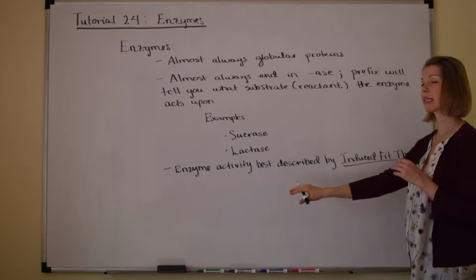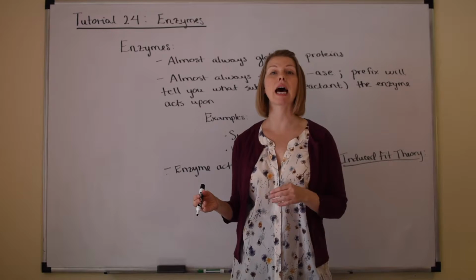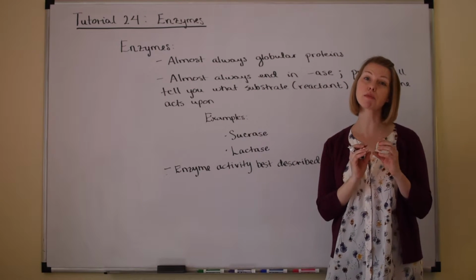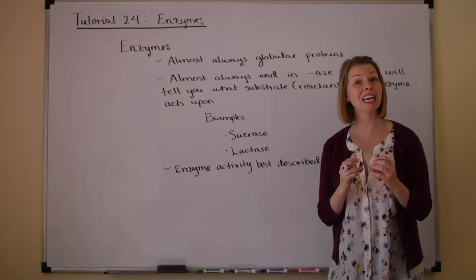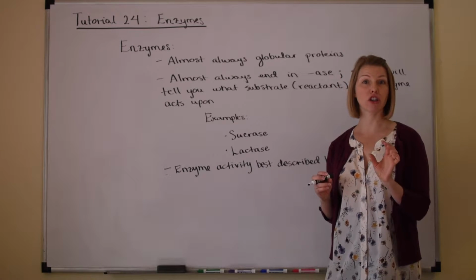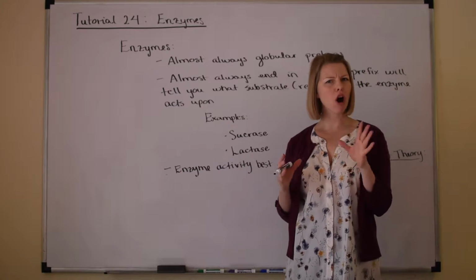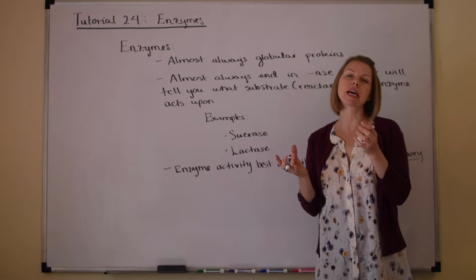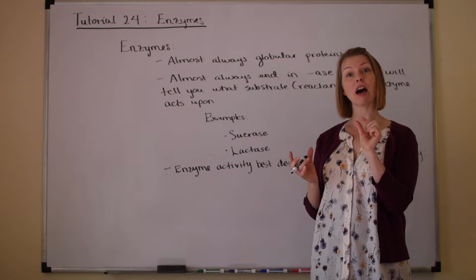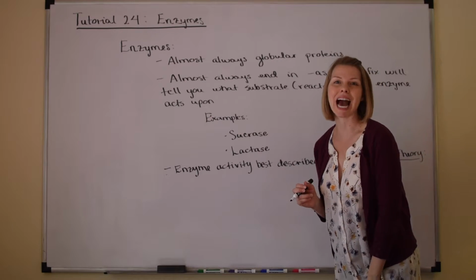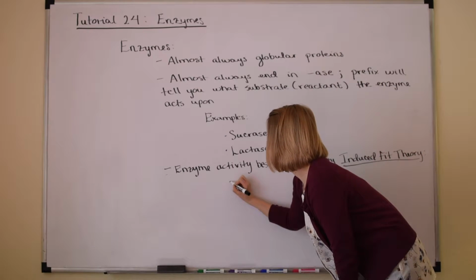And so I'm just going to summarize here what the induced fit theory tells us. The induced fit theory tells us that an enzyme has a very small pocket known as an active site, which is where the reaction occurs. So remember, enzymes are almost always these big, huge globular protein molecules, but it's actually a very tiny pocket of that globular protein where the reaction occurs, the active site. So let's write that here.